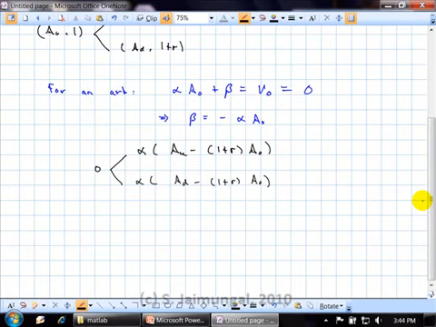Now, if I want there to be an arbitrage, I need to make sure that at least the bottom is bigger than or equal to 0. That would be the critical point, right? Because I never lose. And since the top is bigger, that's got to be strictly bigger than 0. If the bottom were equal to 0, then I would have 0, 0, 0, and that's not an arbitrage. So I need bigger than or equal to 0 in the bottom, and bigger than 0 in the top, in order for me to find an arbitrage.